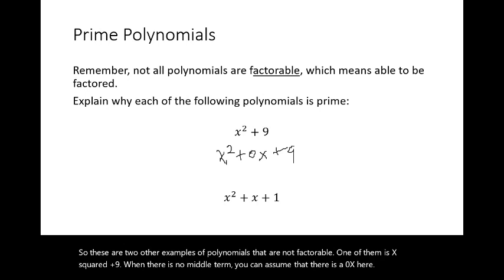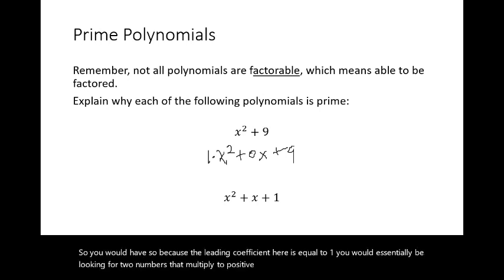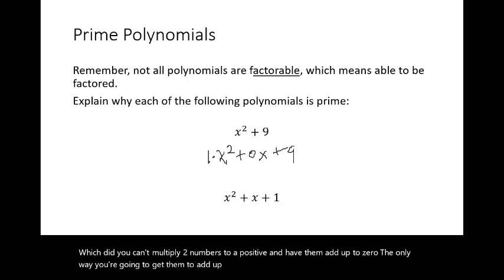Because the leading coefficient here is equal to 1, you would essentially be looking for two numbers that multiply to positive 9 and add up to 0, which you can't do. The only way you're going to get them to add up to 0 is if they're opposites, and if the numbers have different signs, the product is negative. So that's why x squared plus 9 is not factorable.